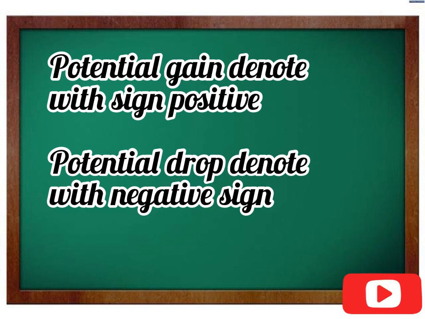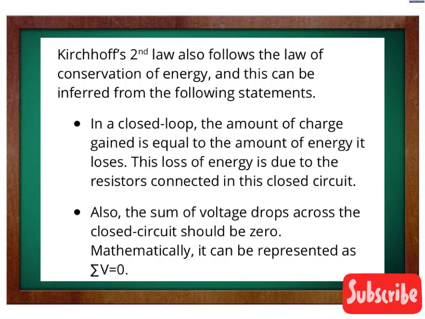For a closed loop, the summation of all the changes in potential, which can be positive or negative, like shown in the diagram: VAB, the potential across the AB branch, across the BC branch, across the DC branch, and across the AD branch. We don't know whether the change in potential is positive or negative. It doesn't matter here. If the circuit is closed, the summation of all these potentials must be zero. This is what the statement of Kirchhoff's law says.